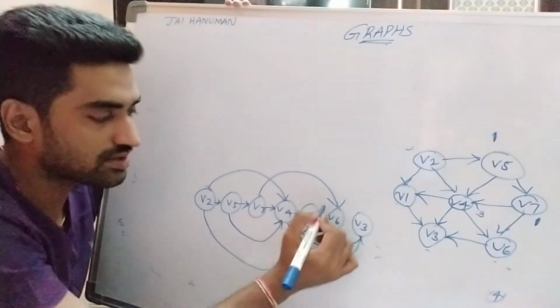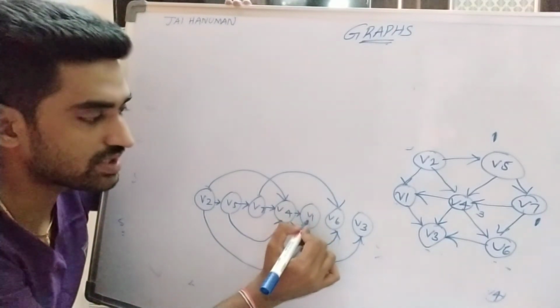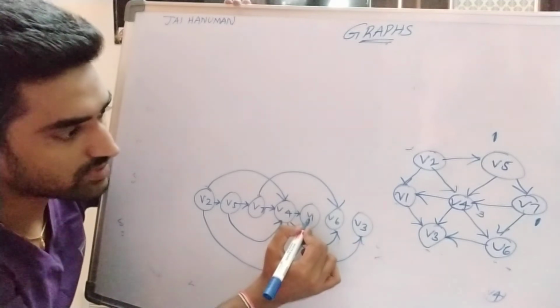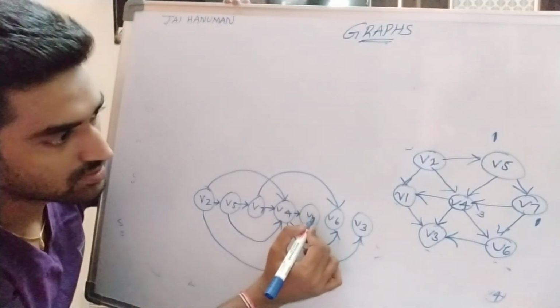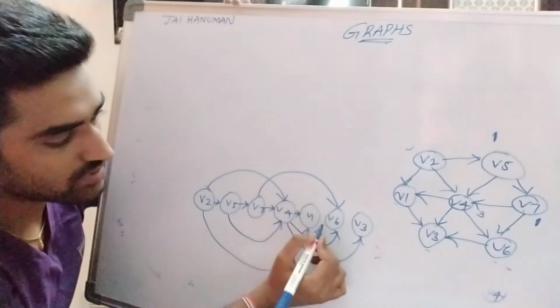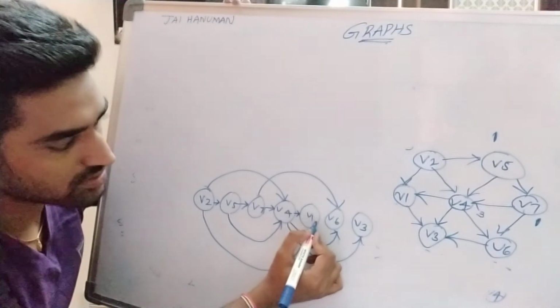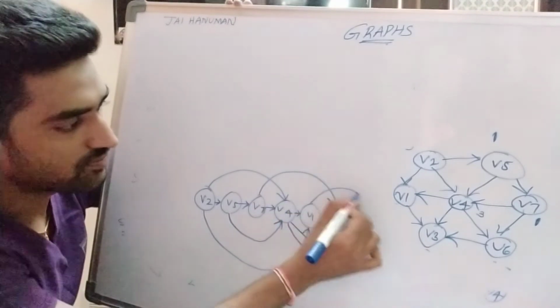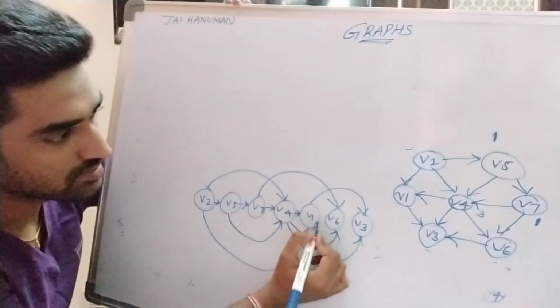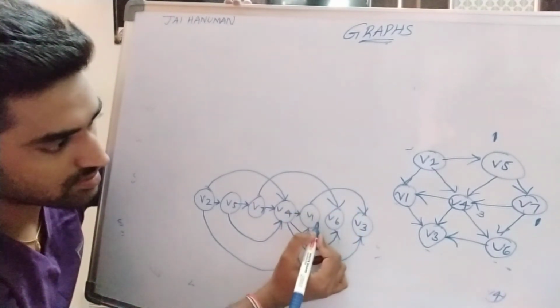Then we are determining what are the possible connections in between V1 to remaining vertices. V1 to V3. Only one, right?